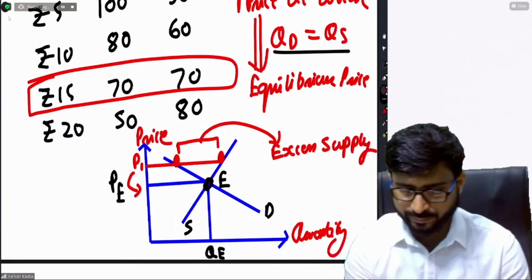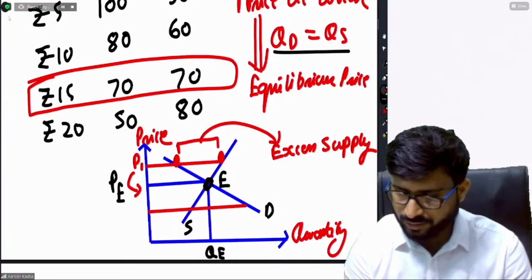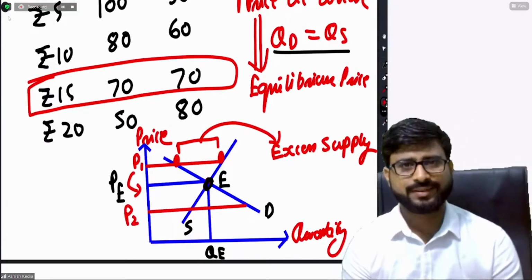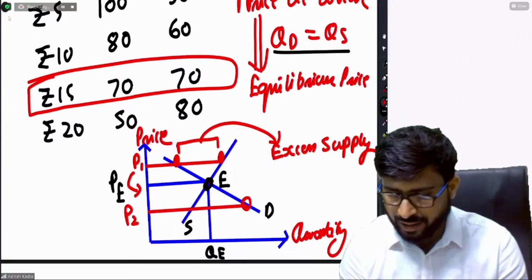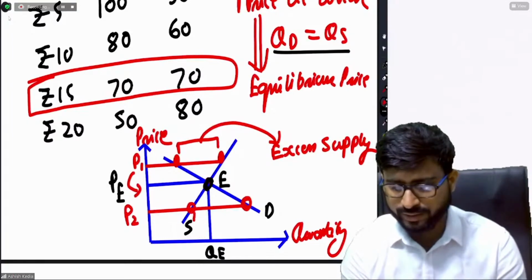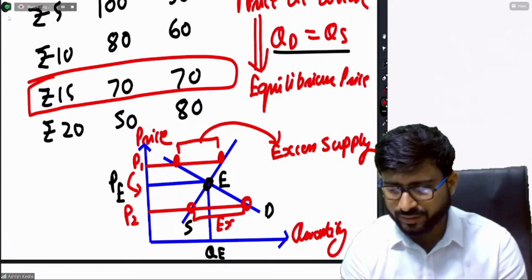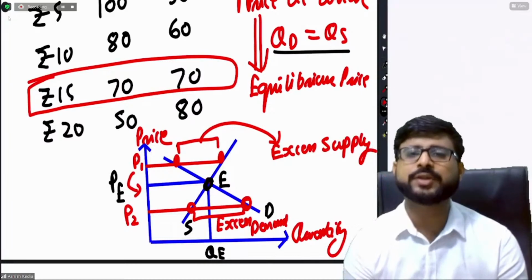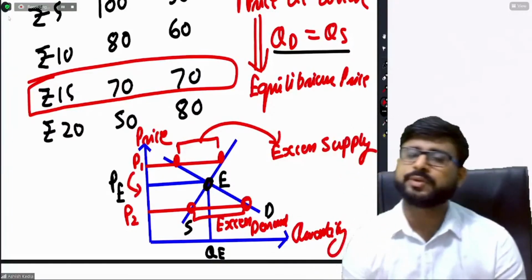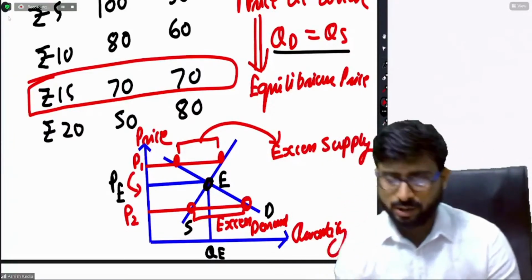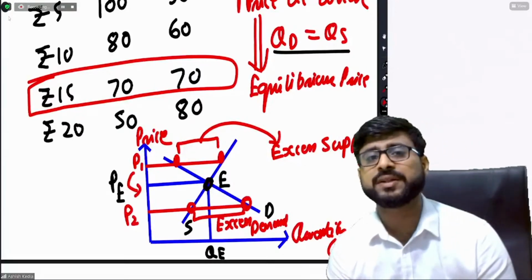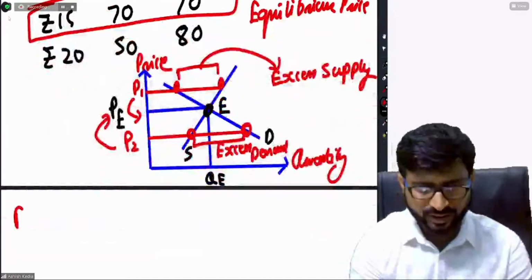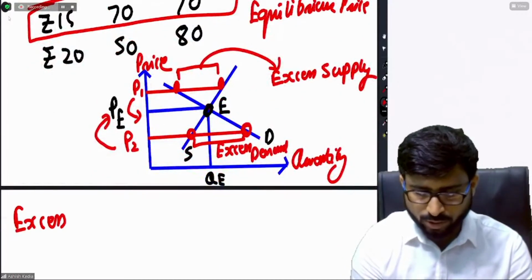Now suppose if price charged was P2, that is less, what would happen? See, demand is till this point, supply is till this point. So there is a situation of excess demand then. And friends, whenever there is excess demand, what happens? Price rises. So again, it will come back to equilibrium. This is why I say, note it down.